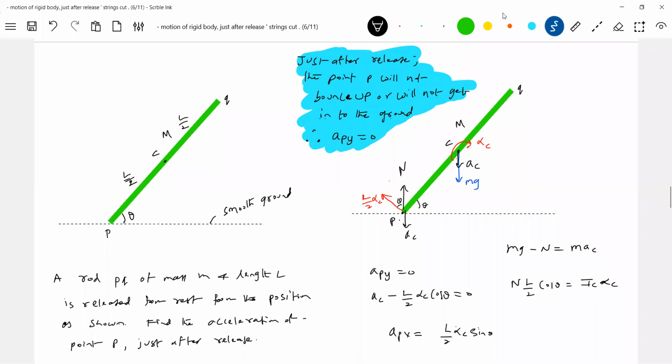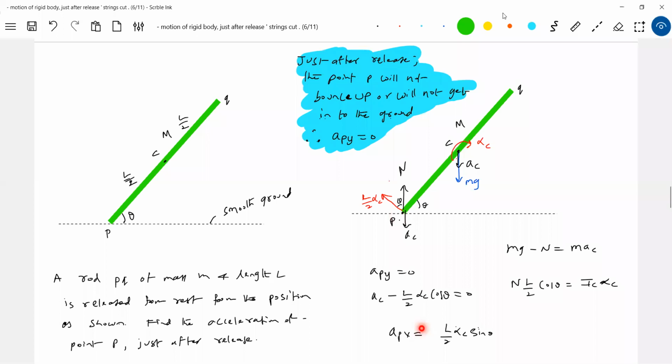Okay, see, now this is something very important. If the surface is rough, can you make a guess in which direction friction should act? See how this problem is going to help us. It must be towards the right. Just after release, the acceleration of point P is along the x-axis only, and it is towards the left. So the friction should act towards the right. In the next problem I'll bring in friction. Why am I taking the direction of friction towards the right?